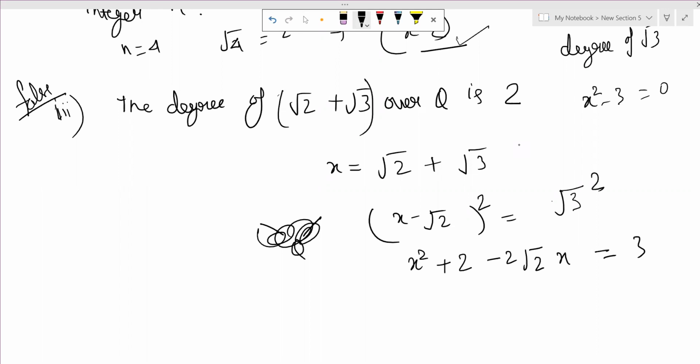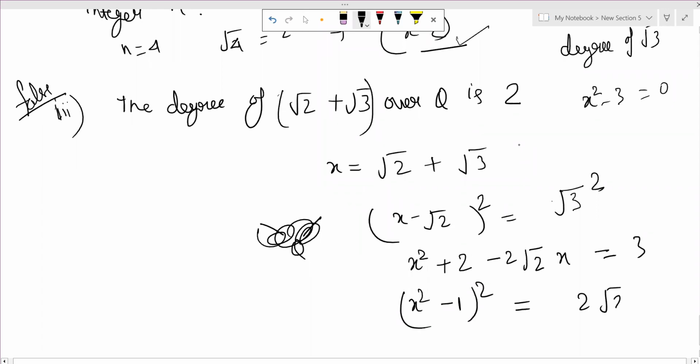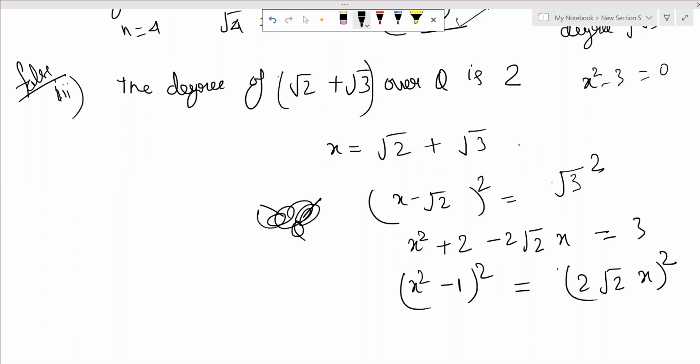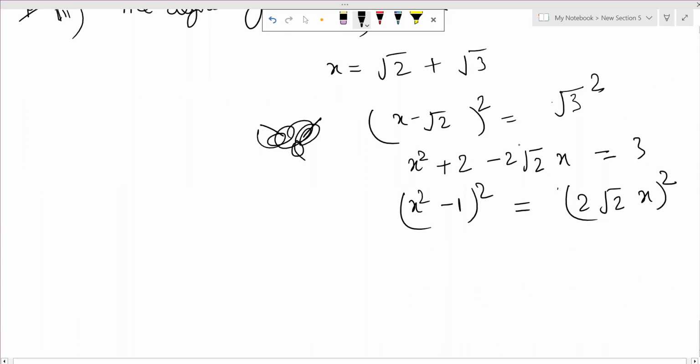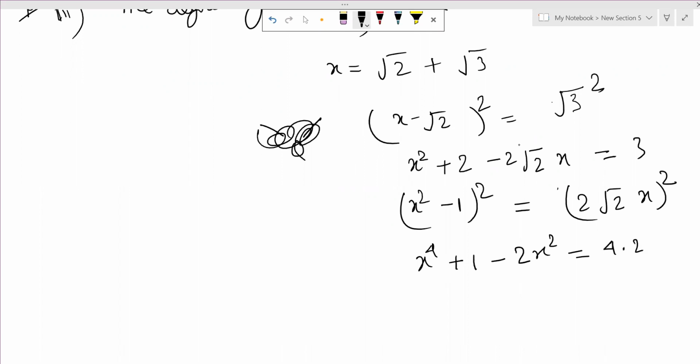So x square plus 2 minus 3, that is x square minus 1, whole square is equal to 2 root 2 x, squared, so 8x square. So x to the power 4 plus 1 minus 2x square equals 8x square.